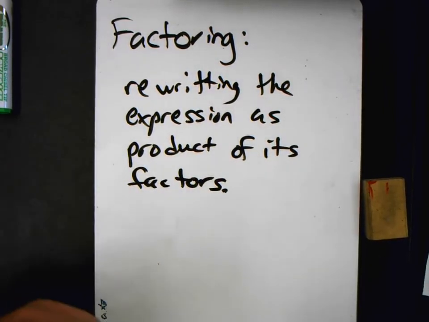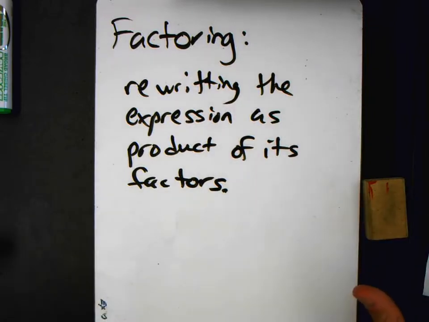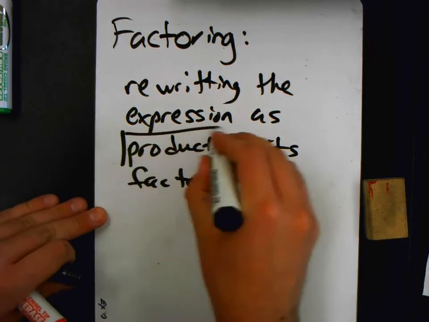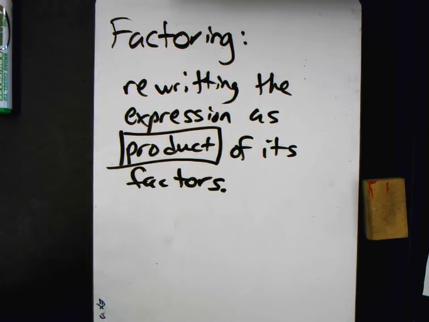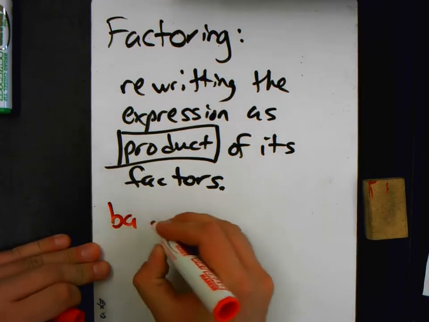If you have a quadratic and you want to find two things that multiply together to equal that quadratic, that is what factoring is. You're finding two things that multiply together, multiply product, to equal that original thing you were looking at.